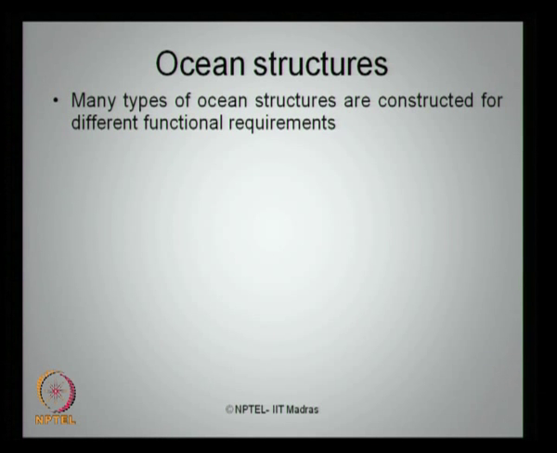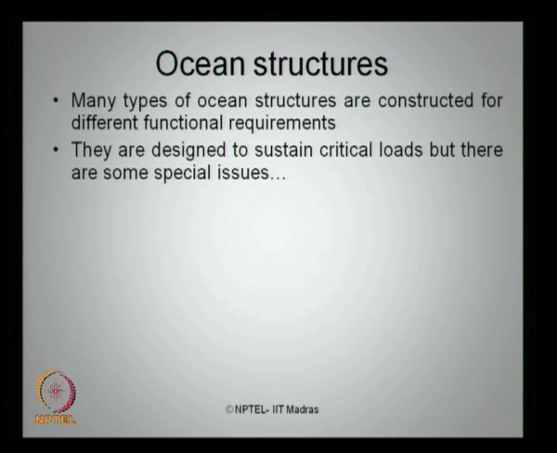If you look at ocean structures, many types of ocean structural systems are constructed for various functional requirements. We have seen them in detail in the previous modules. They are generally designed to sustain critical loads, but there are special issues related to their survivability or service life.